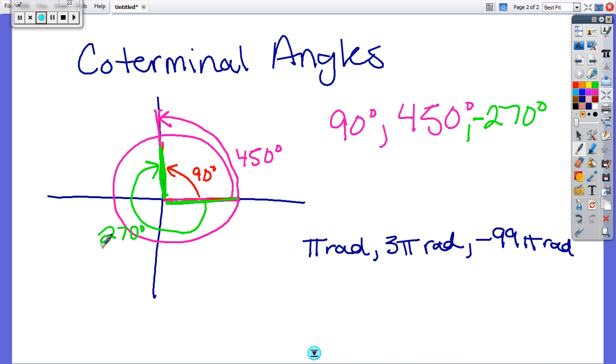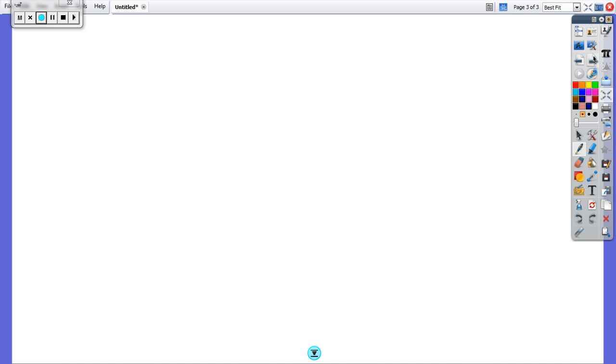So for our first example, let's try to think of some angles that are coterminal, and you always want to name some positive and some negative angles that are coterminal with 30 degrees. So what are some angles that are coterminal with 30 degrees?